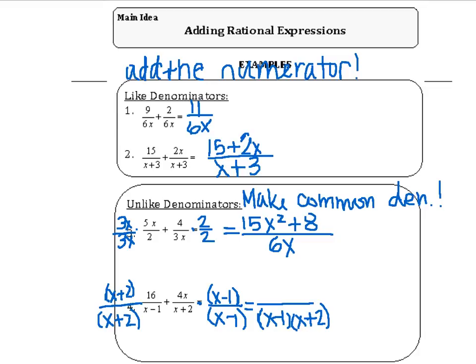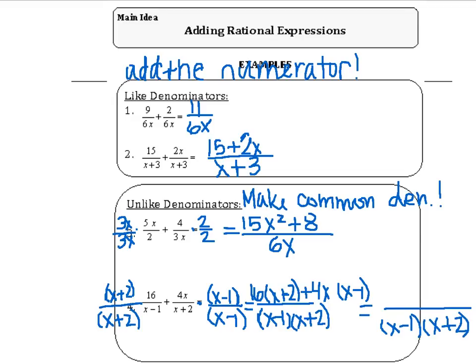On the top, my first term has 16 times x plus 2, plus, over here I've got 4x times x minus 1. So my final answer is going to have this x minus 1 times x plus 2 on the bottom. And I can keep it in that form. We can keep our denominator just like that. But the top we need to simplify. So let's go through and simplify it.